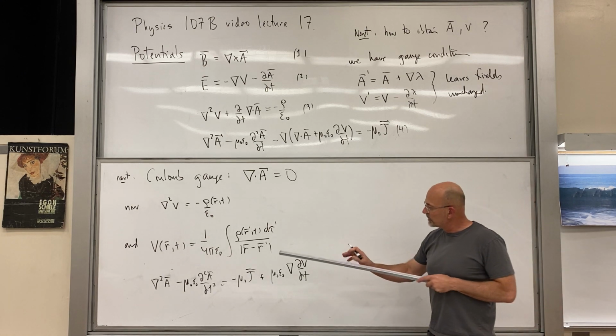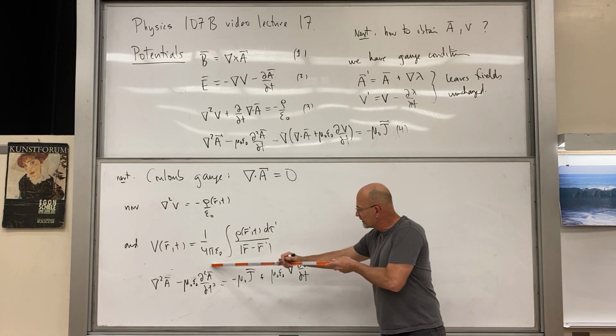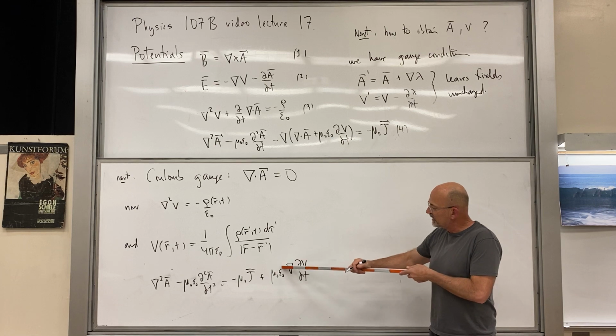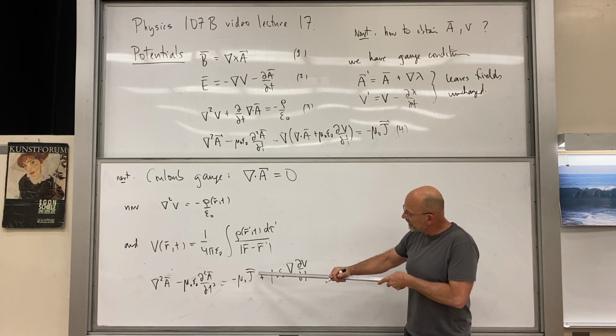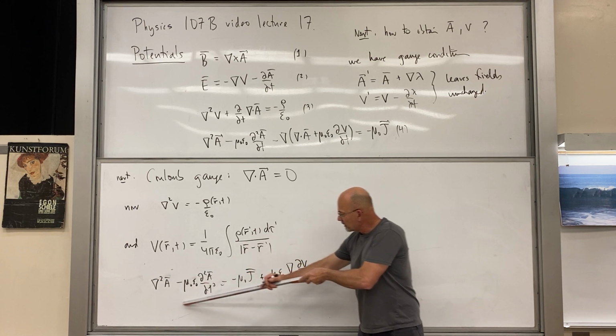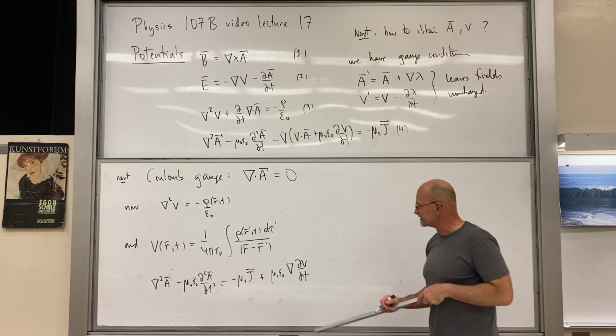One thing you could do, you could declare this part solved, plug it in here, and then this is part of the given problem, and this is also given in your solving an inhomogeneous wave equation.